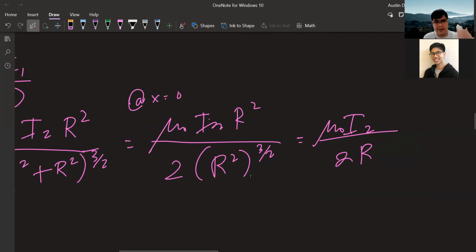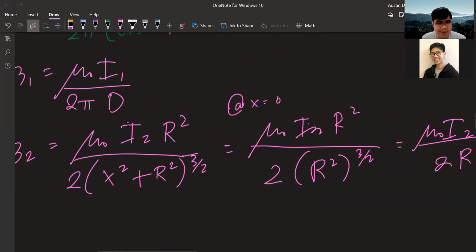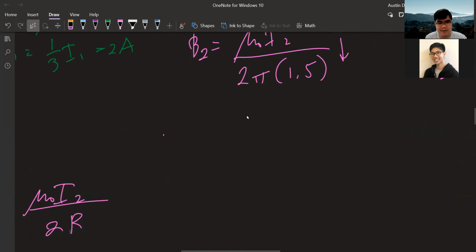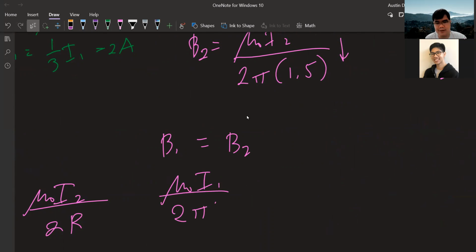Okay, now we have our equations. We just want them to zero out. That means they should be equal. So B1 must be equal to B2. Okay. Mu naught I1 over 2 pi d must be equal to mu naught I2 over 2r.